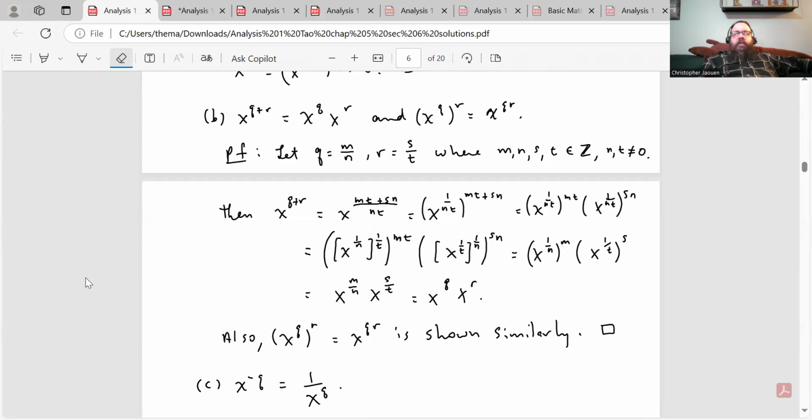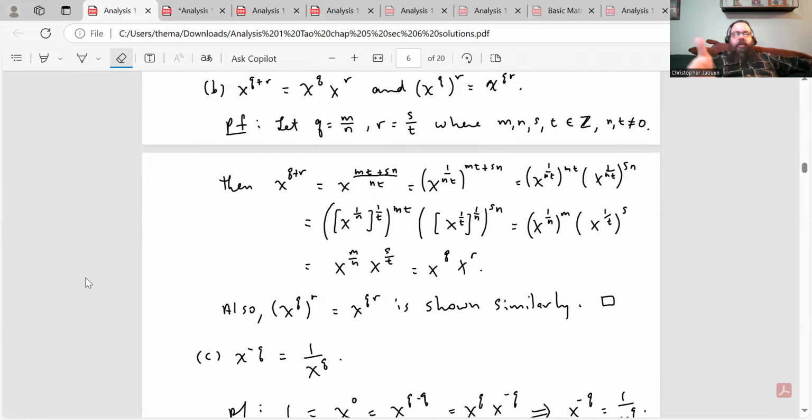And that's equal to (x to the 1 over nt) raised to the mt plus sn, which is (x to the 1 over nt) to the mt times (x to the 1 over nt) to the sn. And that's equal to ((x to the 1 over n) to the 1 over t) to the mt times ((x to the 1 over t) to the 1 over n) to the sn. And then it just simplifies to give you what you want, which is x to the q times x to the r. Also, like I said, the second part is shown similarly, but I skipped the proof of it here.